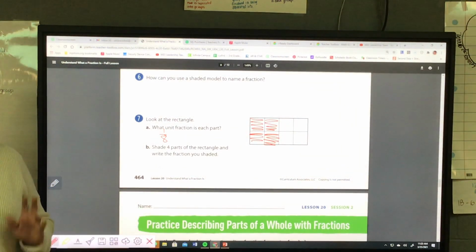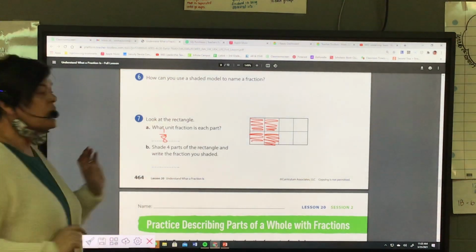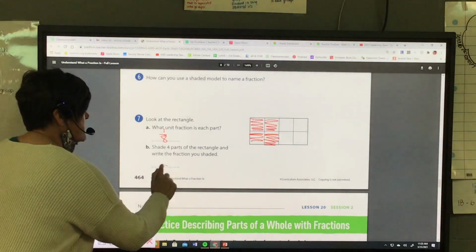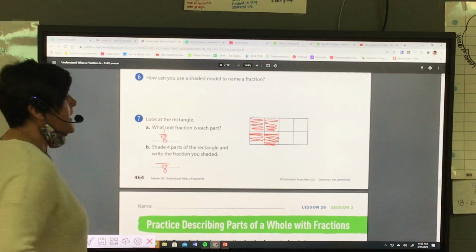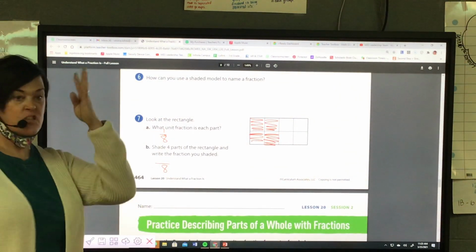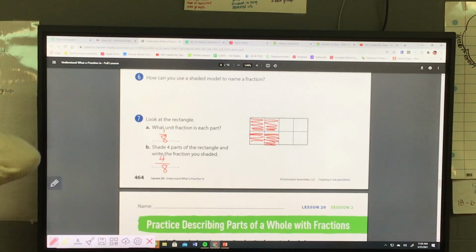So how many parts are in the whole thing? No, how many parts are in the whole thing? 8. And that's always our denominator. How many did you shade in? 4. That's our numerator. 4 eighths.